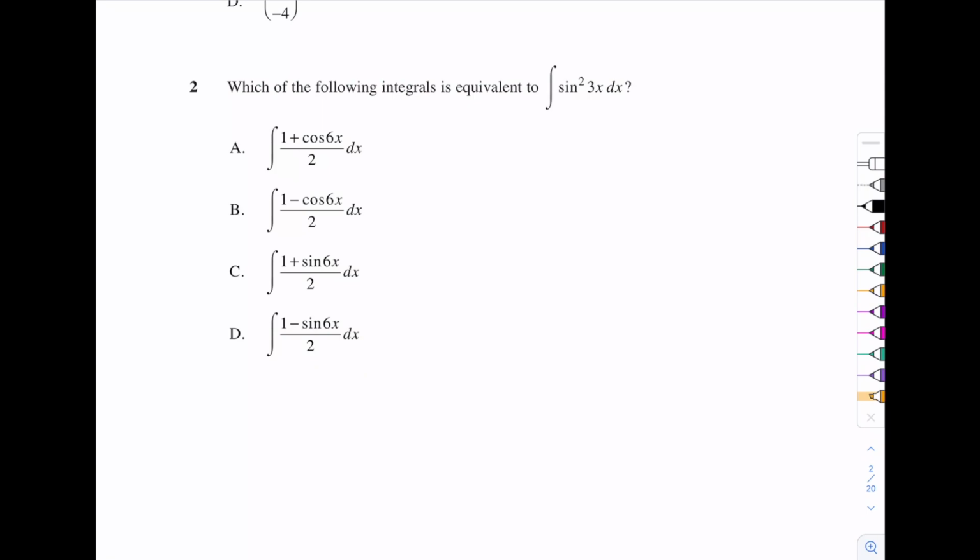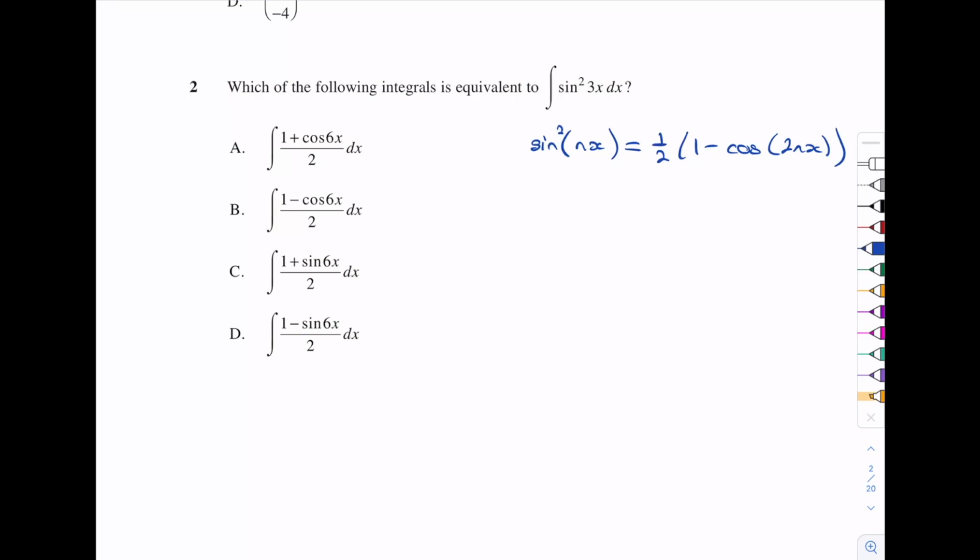The next one, which of the following integrals is equivalent to the integral of sine squared 3x dx? So in the Extension 1 course, integrating sine squared and cos squared is something unique to the Extension 1 course that's not in advanced. And there is a formula on the formula sheet which helps us deal with questions like this. And I believe it is given as sine squared nx is equal to 1/2 (1 minus cos 2nx).